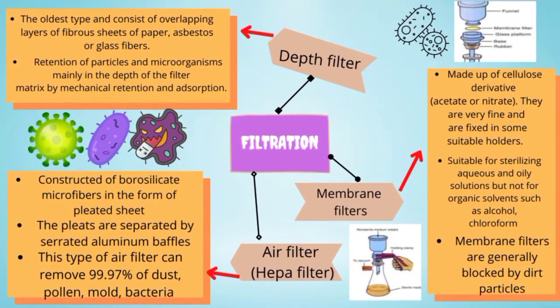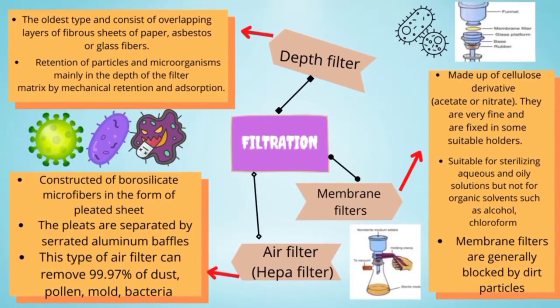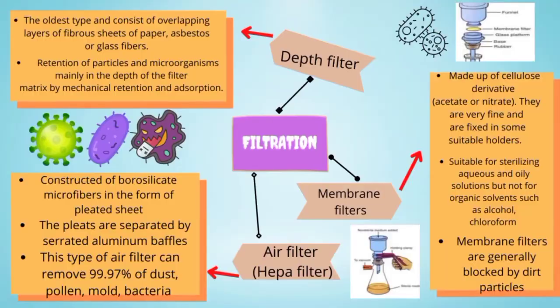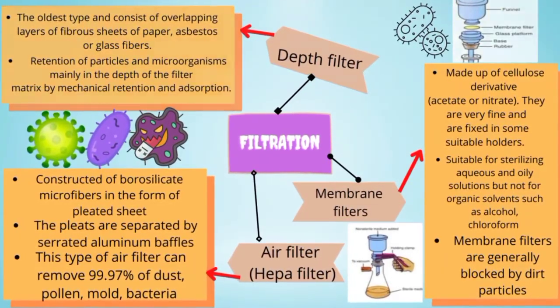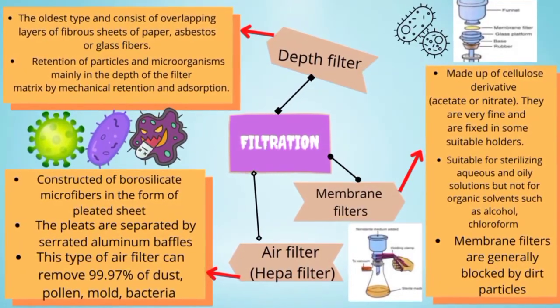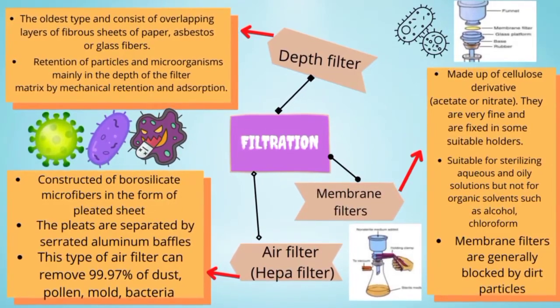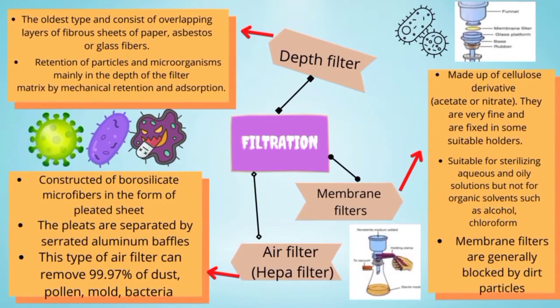And the last example of filtration is the air filter. One type of air filter is the HEPA filter. HEPA is an acronym for High Efficiency Particulate Air. It is constructed of borosilicate microfibers in the form of pleated sheets. The sheet is pleated to increase the overall filtration surface area.